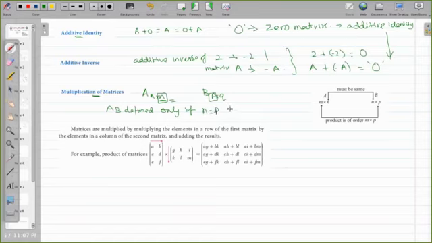Okay, children. So what do you understand from this? Number of columns in first matrix equal to number of rows in second matrix.